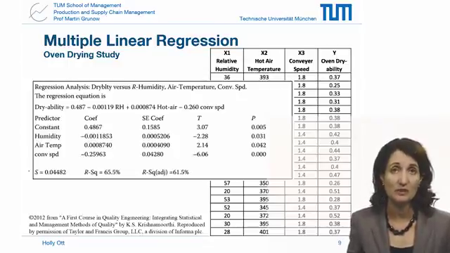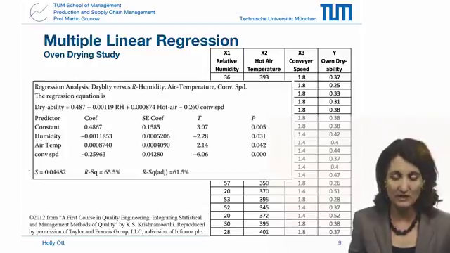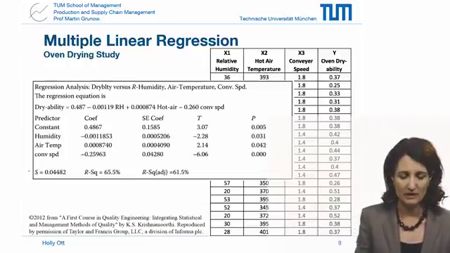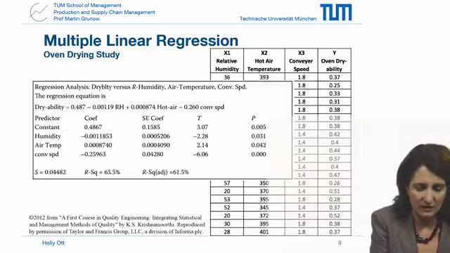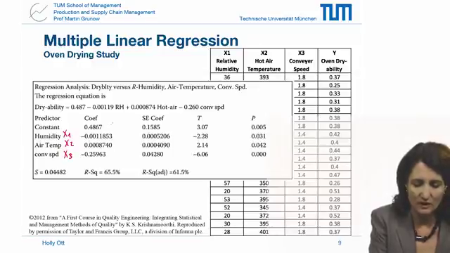Again, this is from our textbook. The computer output shows the estimates of these coefficients A, B1, B2, and B3. So here we have the humidity, which is x1, the air temperature, which is x2, and the conveyor belt speed, which is x3.